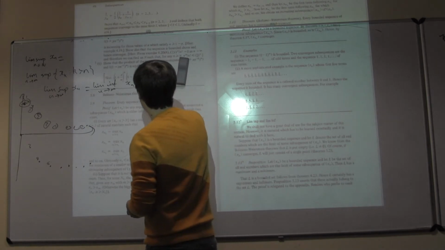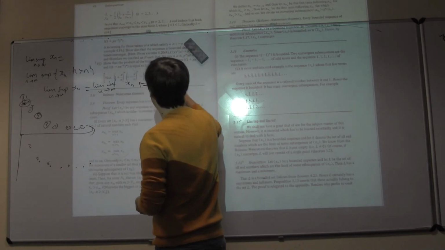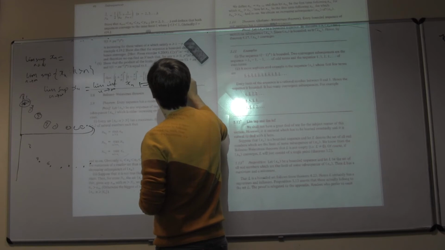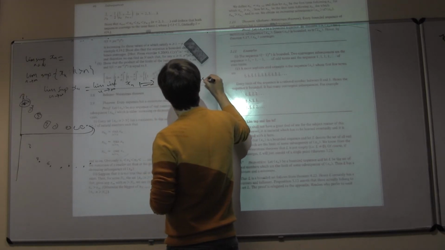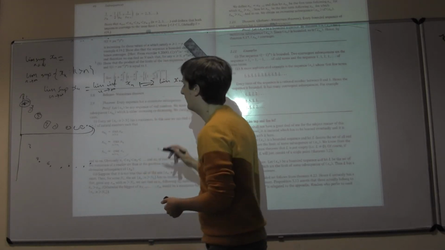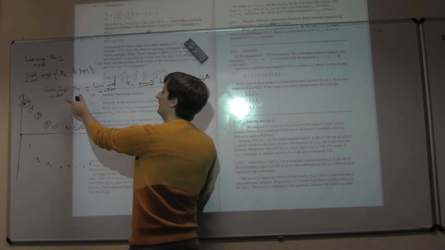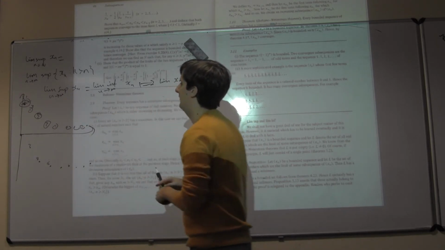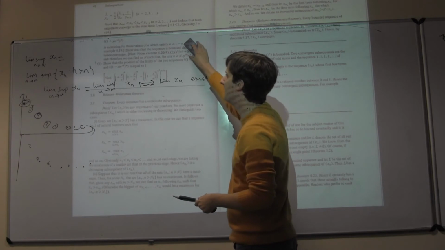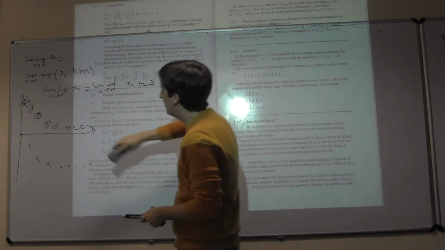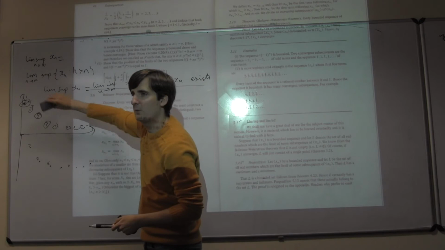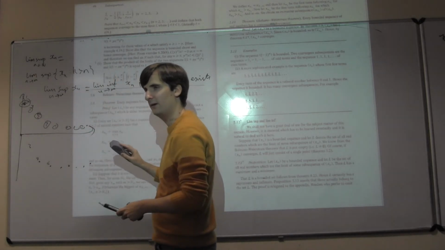This is true if and only if lim x_n exists. And you can see that this is exactly the construction we used in the Bolzano-Weierstrass theorem.